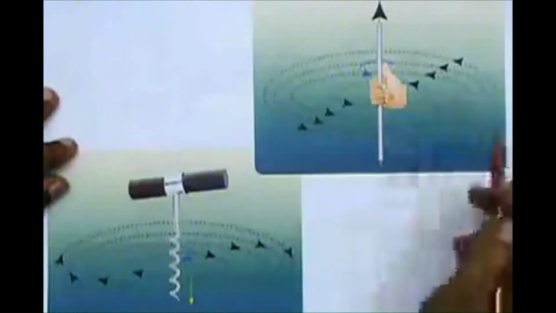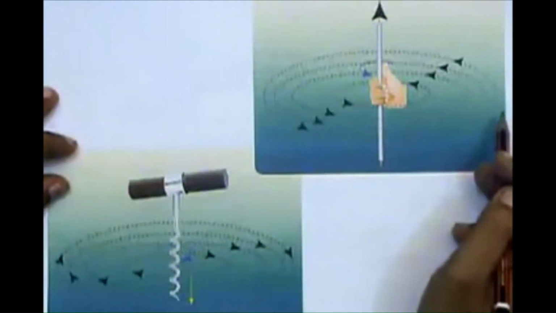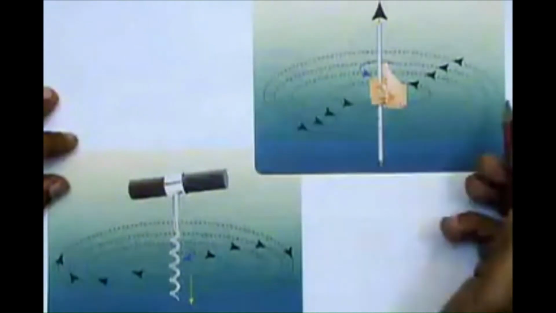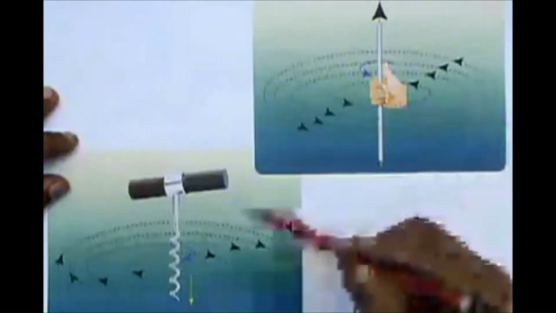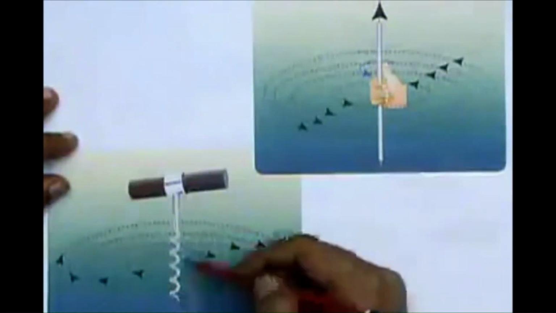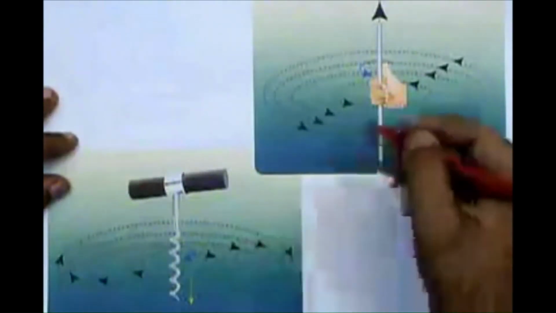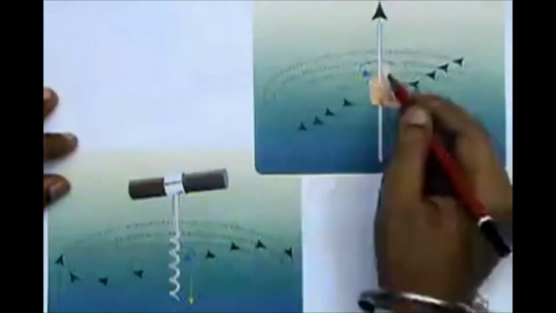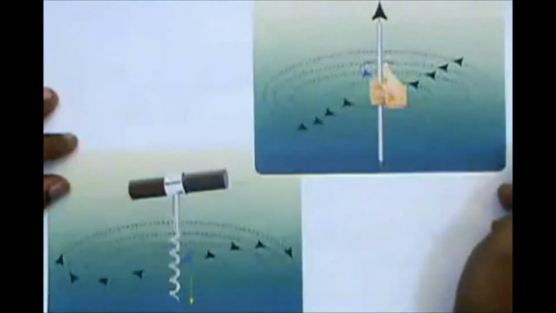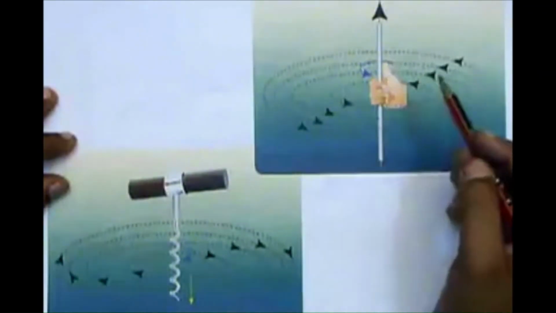The circular loop also changes its direction with the current carrying wire. If the current is moving downward, the direction of the loop will be clockwise. And if the current is moving upward, it will be anti-clockwise. This direction is given by the right hand thumb rule.